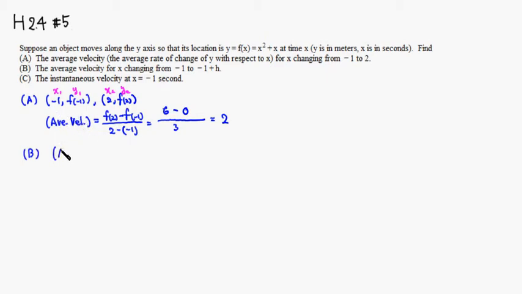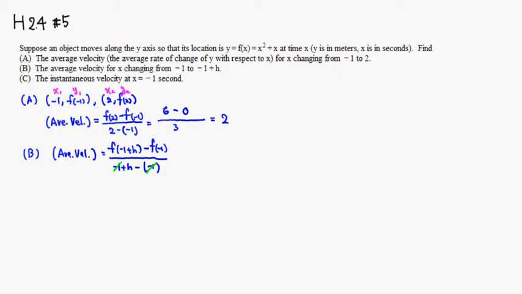This is also an average velocity, and this is going to be f of -1 plus h minus f of -1 over -1 plus h minus -1. We can simplify by canceling -1 minus -1.